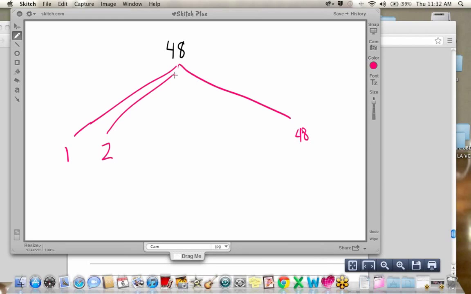2 times some number equals 48. What does it equal? 2 times 24. Good, that's right. Is 3 a factor of 48?